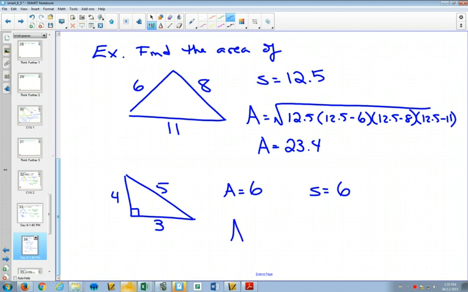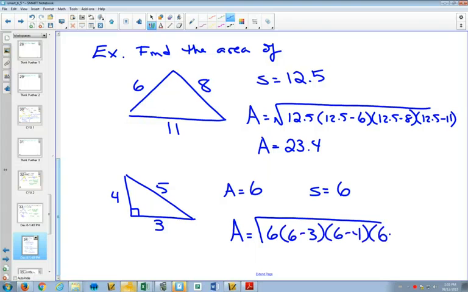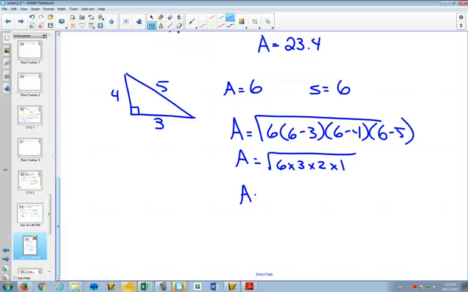And if we use this new formula, it's up to you. You will get 6 times 3 times 2 times 1, the square root of 36, which is 6.